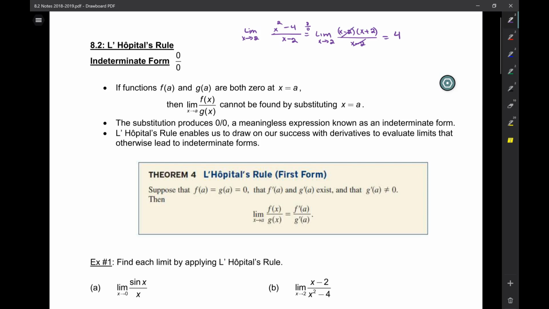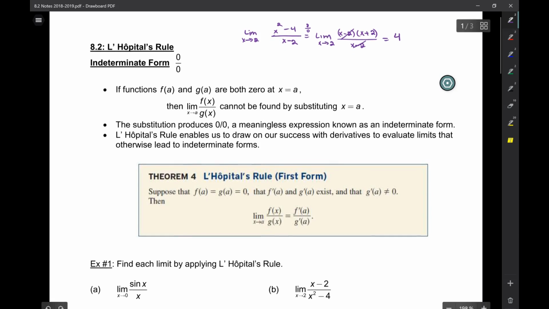Now, what L'Hopital's rule does is it uses derivatives to evaluate the same thing. We're not going to go through the proof and how you do it, we're just going to do it. So look, using L'Hopital's rule, I have the limit as x approaches 2 of x squared minus 4 over x minus 2.